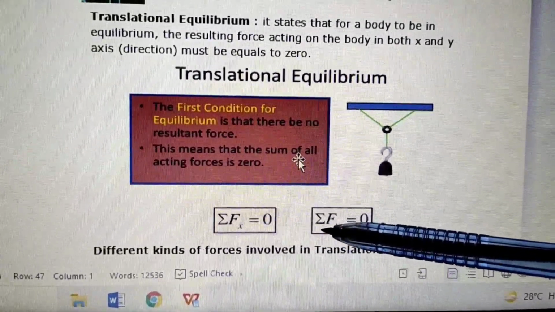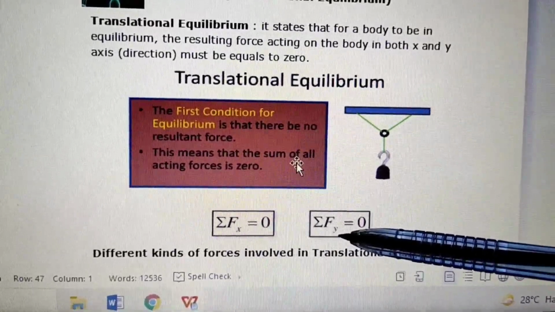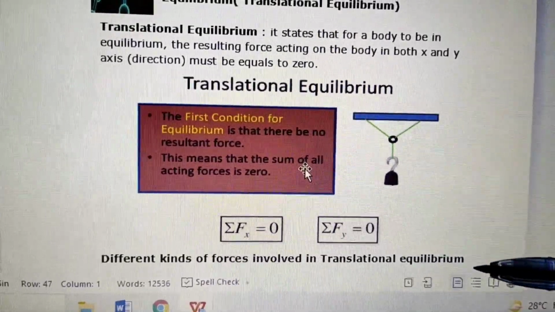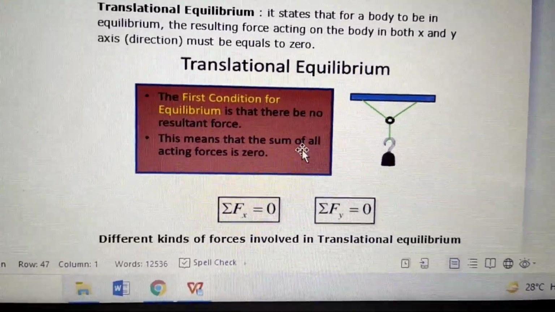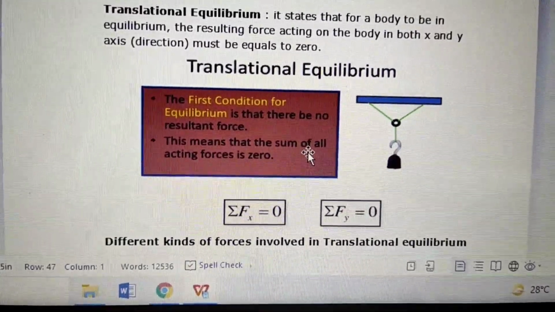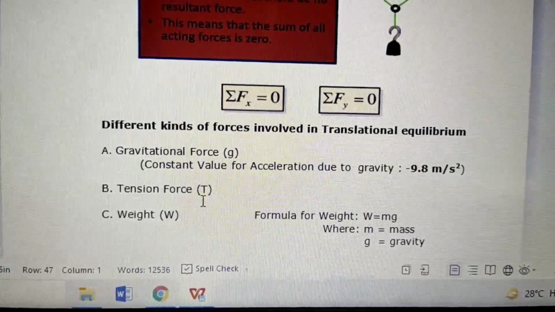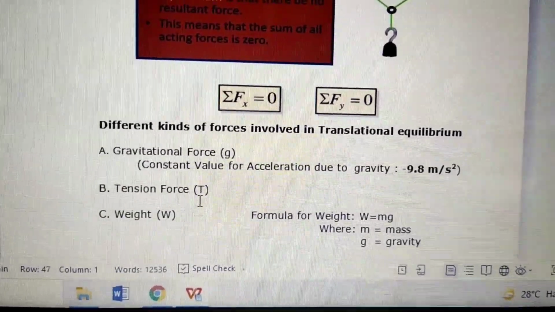All the forces acting in the y-axis also should be equal to 0 in order for the object to be in balance. So when we are talking about all the forces in x and y, we are talking about three definite forces involved for an object to be in equilibrium.